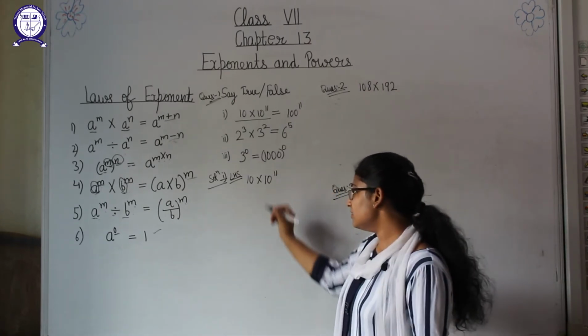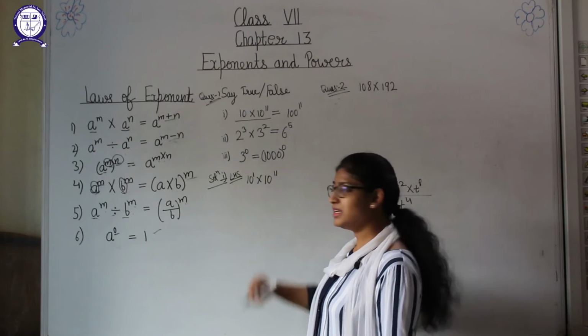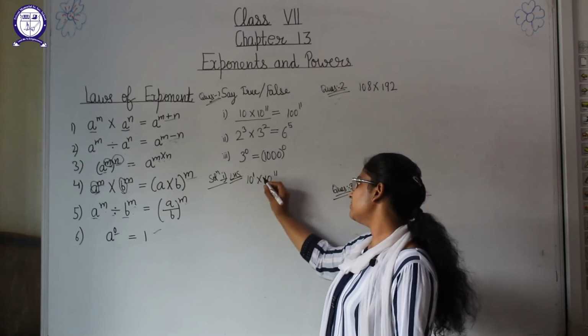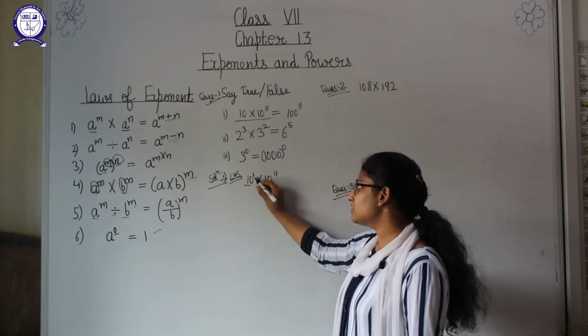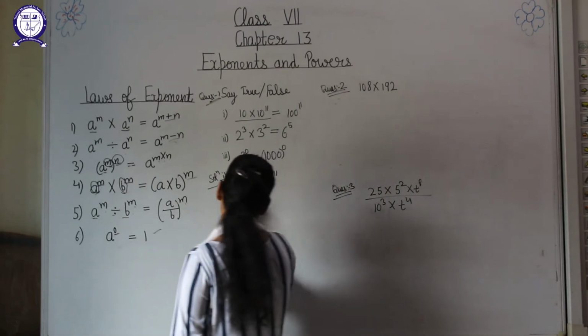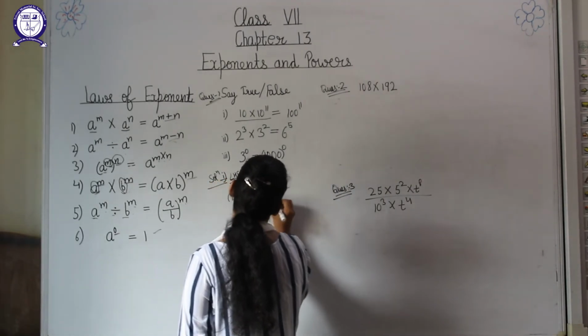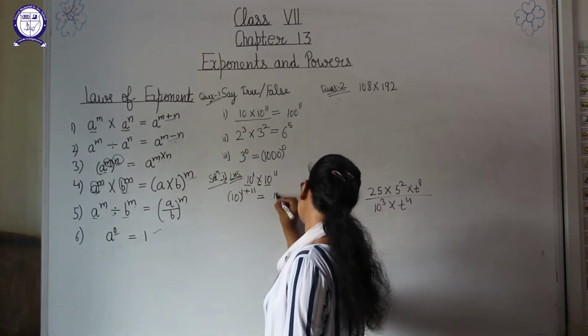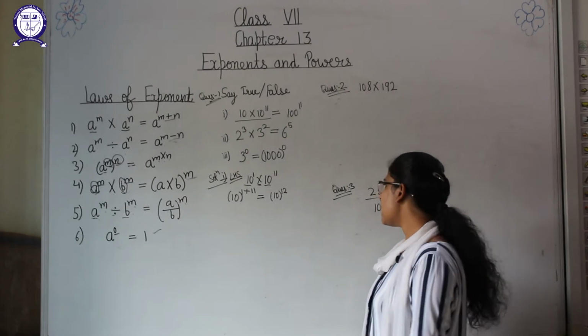Here this is only 10, which means its power is 1. So 10 raised to the power 1 into 10 raised to the power 11. Here the bases are the same, so powers will be added as these are in multiplication. So our answer will be 10 raised to the power 1 plus 11, so it will be 10 raised to the power 12.